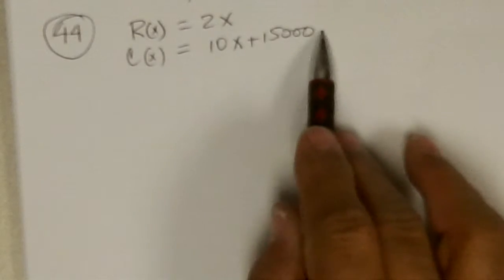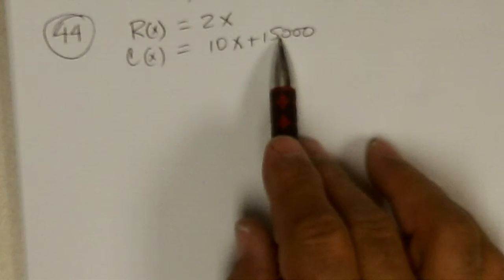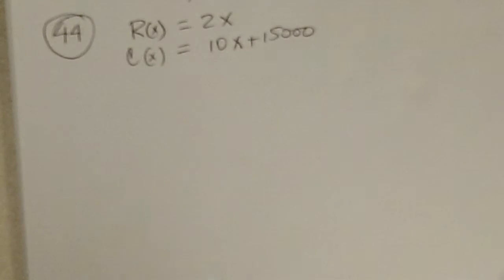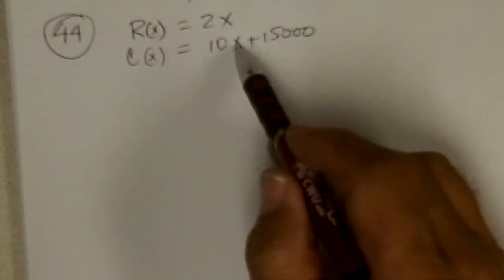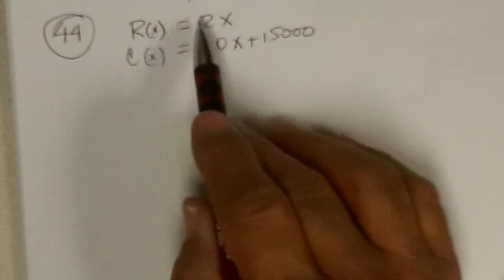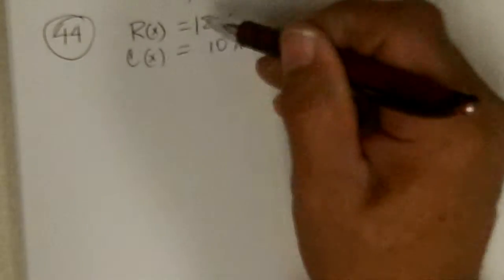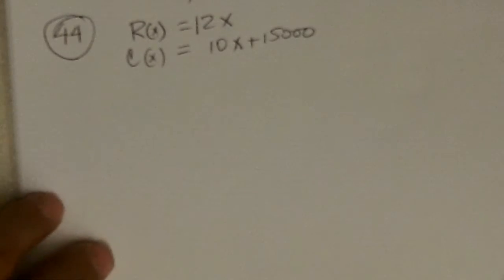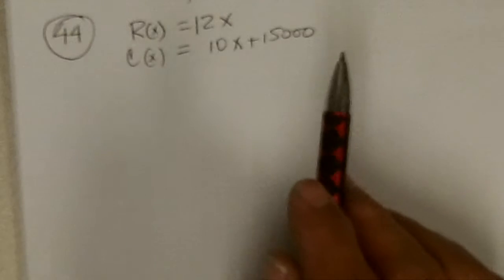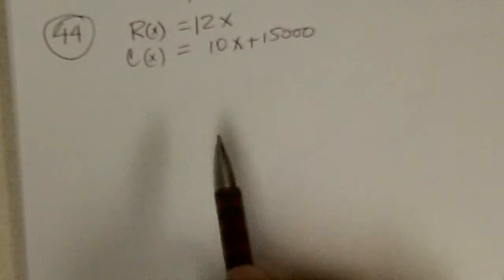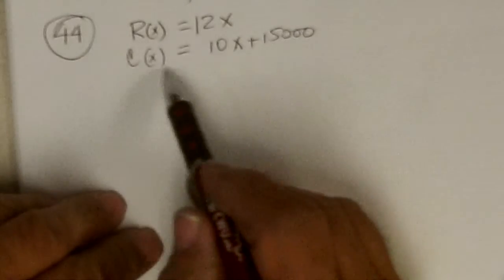So there must be a $15,000 setup fee and $10 per unit times the number of units you make. That's the cost of making something. And your revenue, you get $12 for each one you make. So how many do you have to make to break even? Because you have to spend all that money to set up, and that's kind of what's going on here.